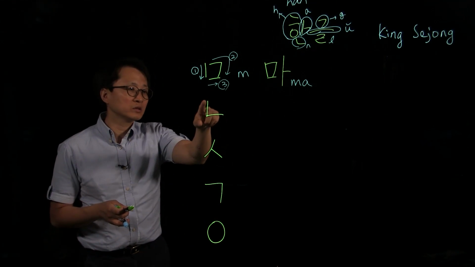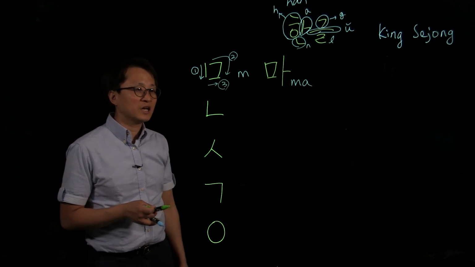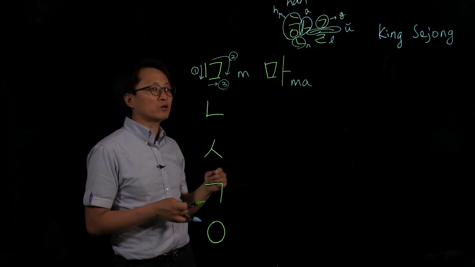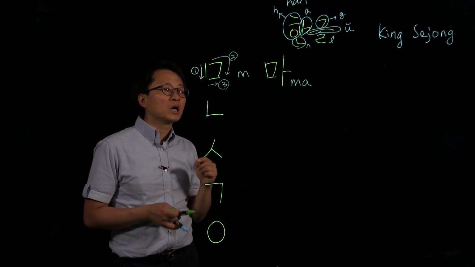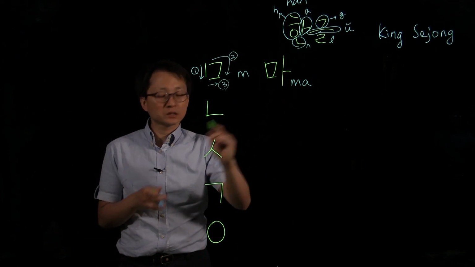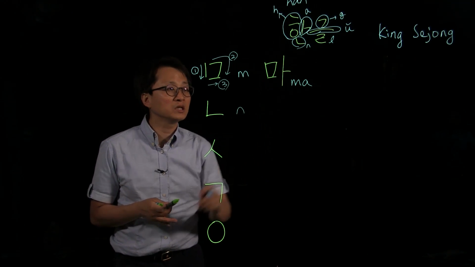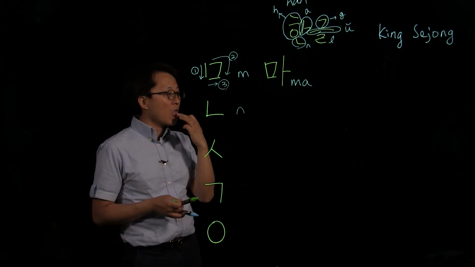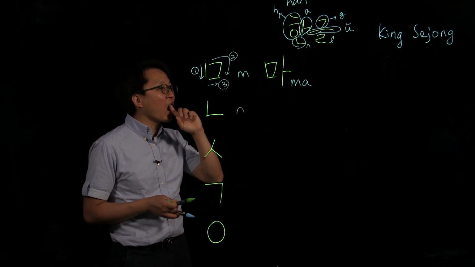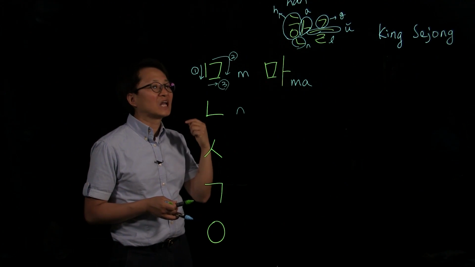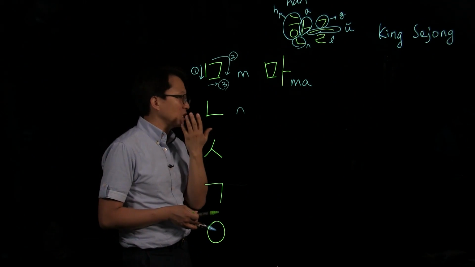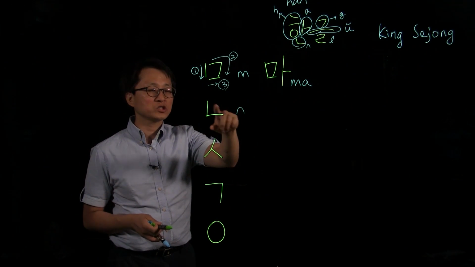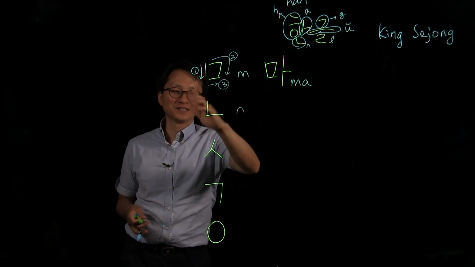And the second one, this shape is actually the shape of our tongue. So when you pronounce n sound, you touch the tip of your tongue at the back of your teeth. And if you just see from the side, then the tongue shape is a little bit like this.